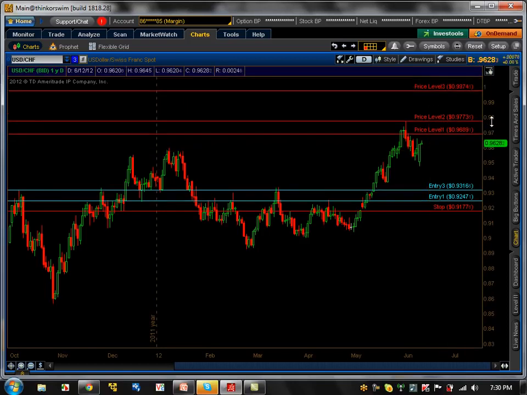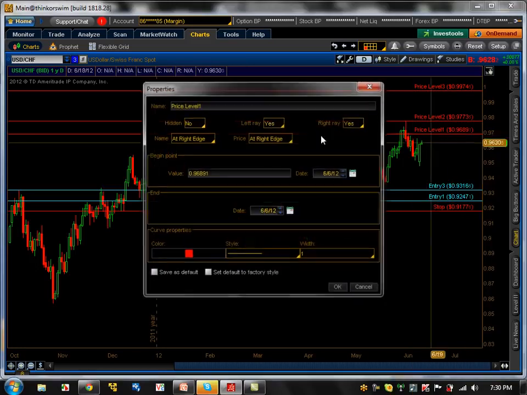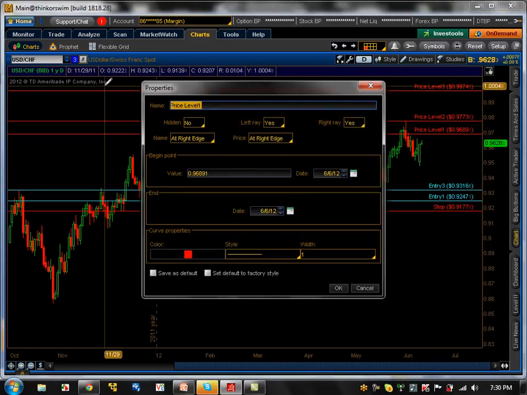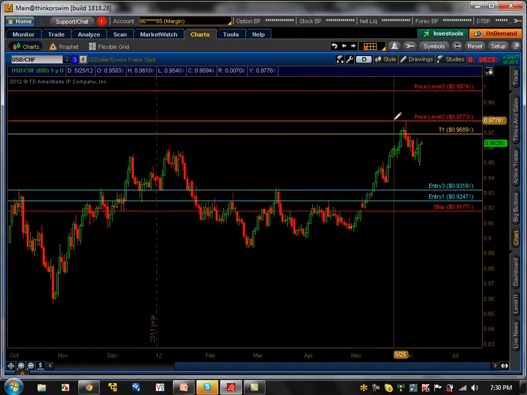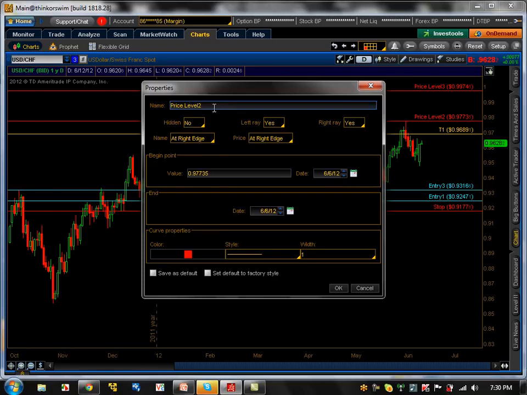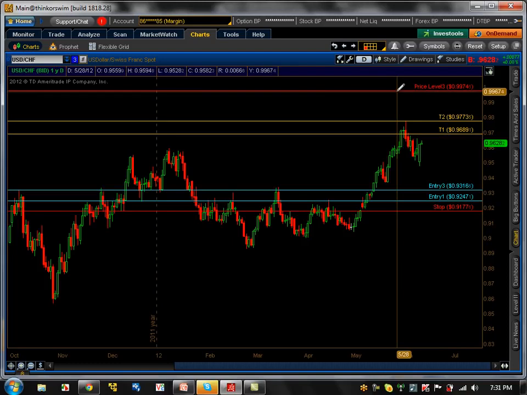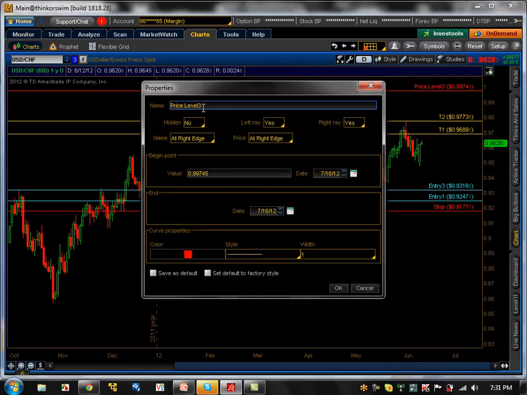Now, I've done this, right? Now watch what I'm going to do. Just going to color code these. So this is my first target level. Second target level. Is this a lot of work?